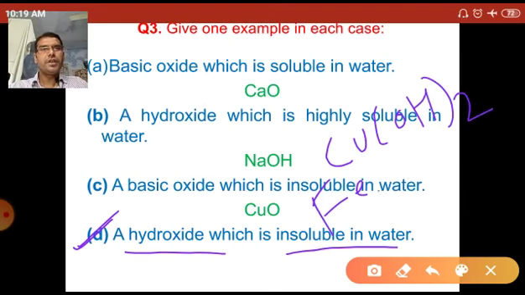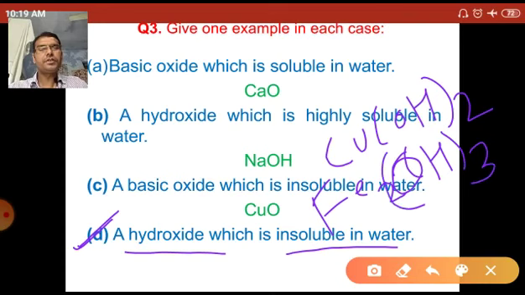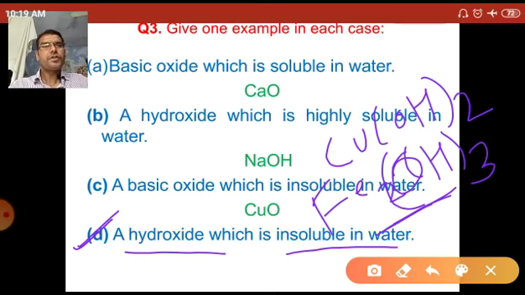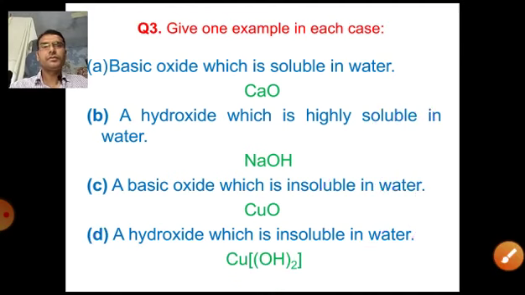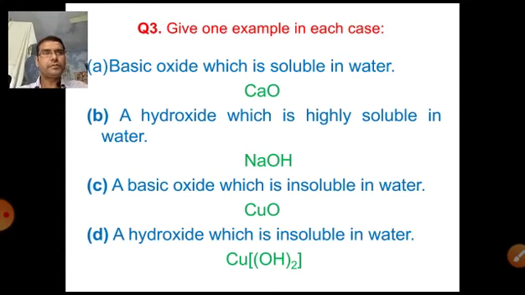Ferric hydroxide, Fe(OH)3, is a basic hydroxide which is also insoluble in water. So here the answer is copper hydroxide, cupric hydroxide, which is insoluble in water.